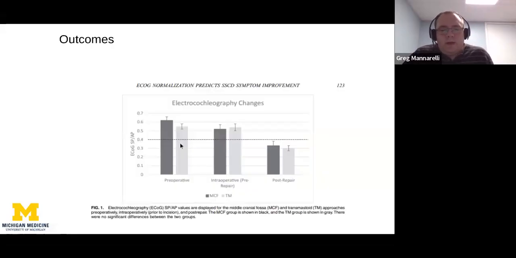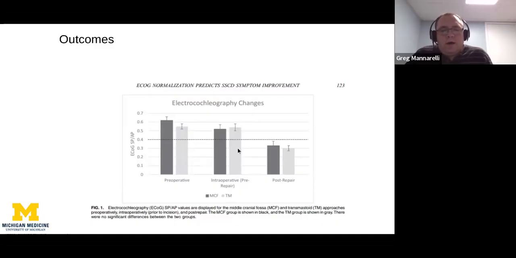So you've got three columns here. Our surgeons, again, this talk is not on surgical correction of SSCD, but they can do this both through a transmastoid or a middle cranial fossa approach. So we've broken this data out by surgery, and you can see this was our preoperative clinic ECOG, showing that these patients on average had elevated SP-AP ratios.